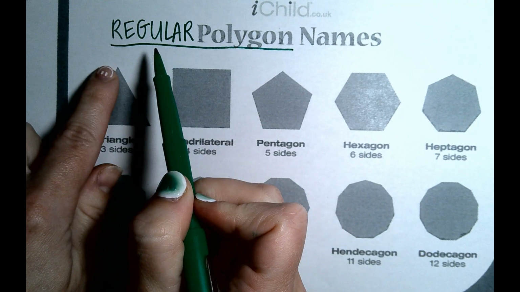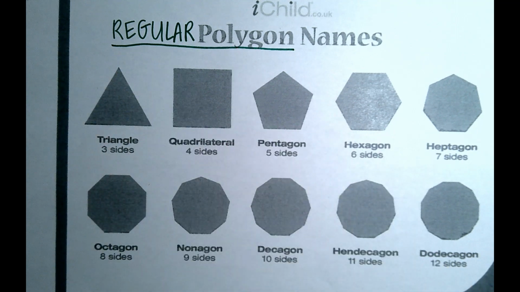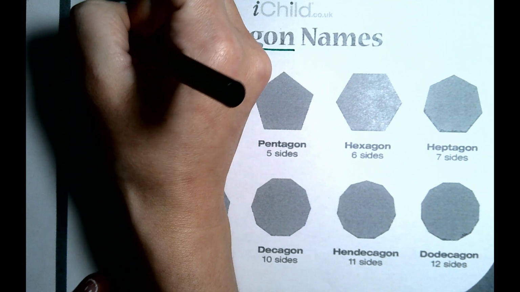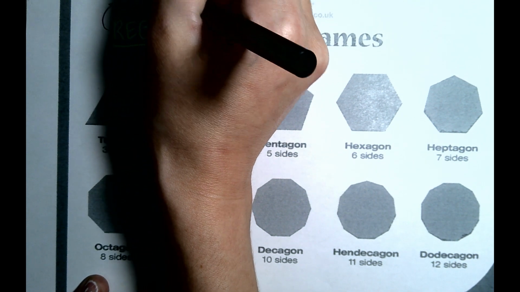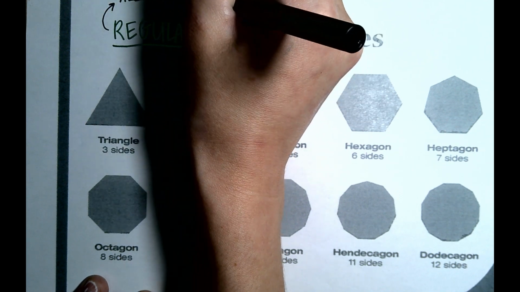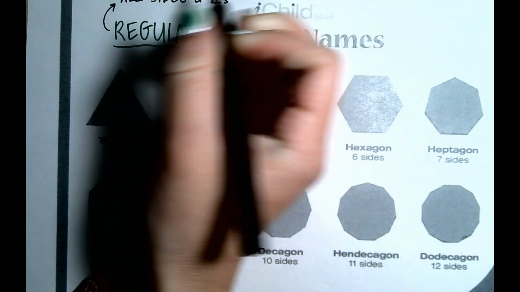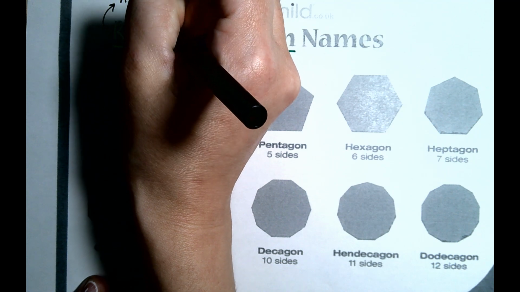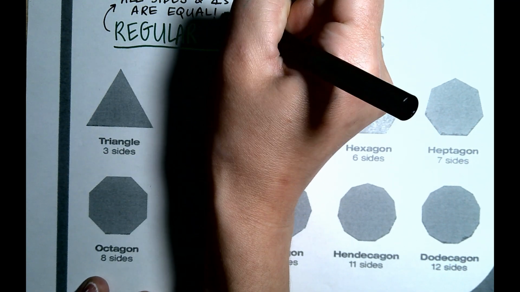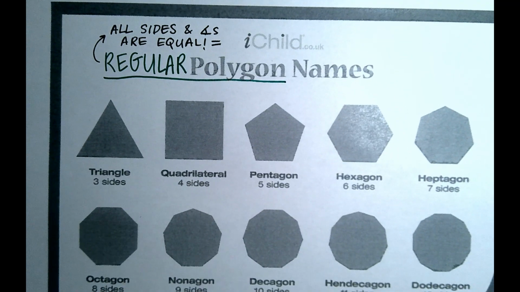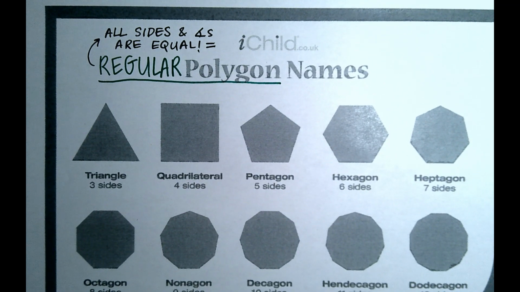A regular polygon has all sides the same length, all angles have the same measure. So we'll write that. Regular means all sides and angles are equal. All sides and angles are equal in regular polygons.